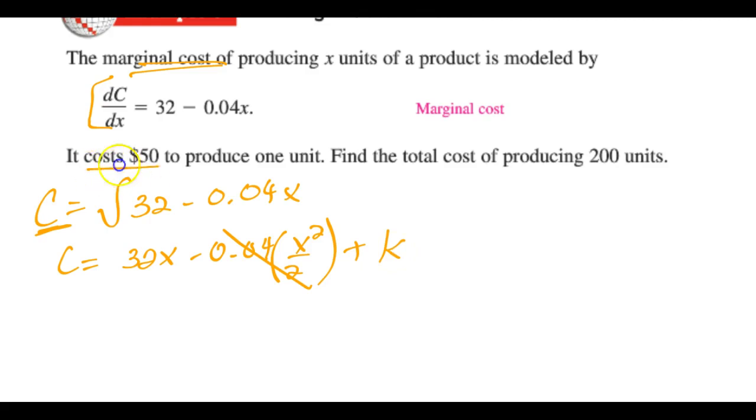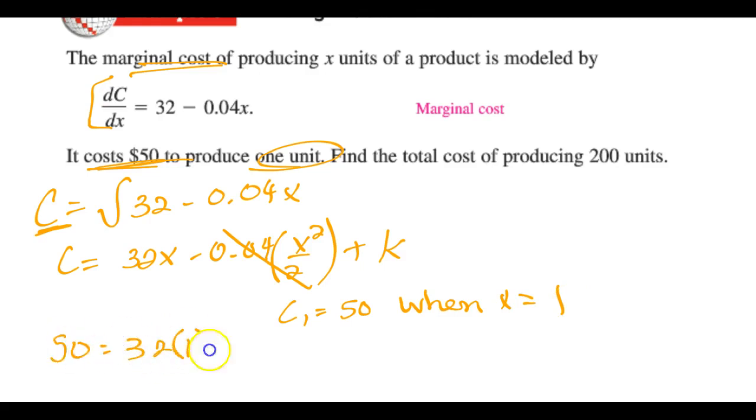So it's saying that it produces $50 for every 1 unit. So we know c of 1 is 50 when x equals 1 unit. So let's plug that in. 50 equals 32 times 1 minus 0.02 times 1 plus k. And then go ahead and solve for k.